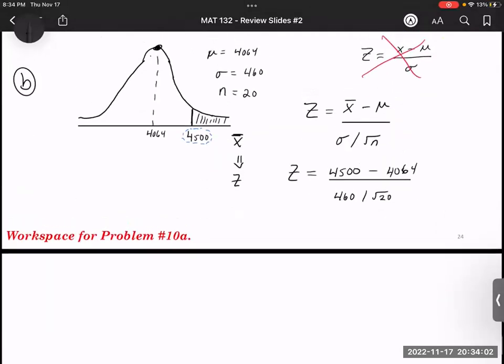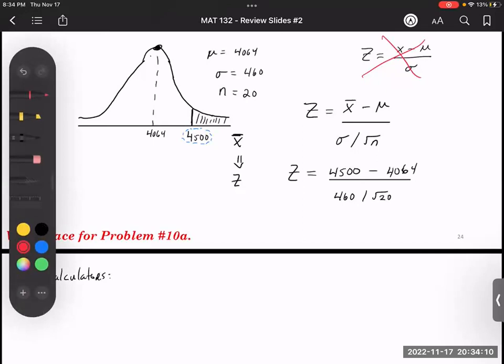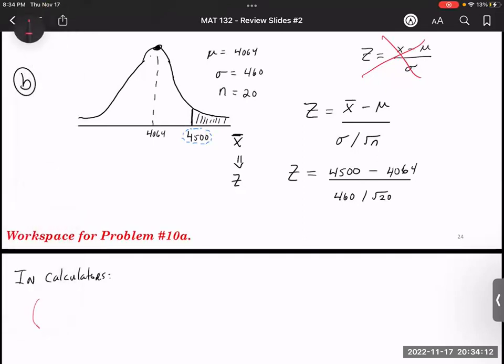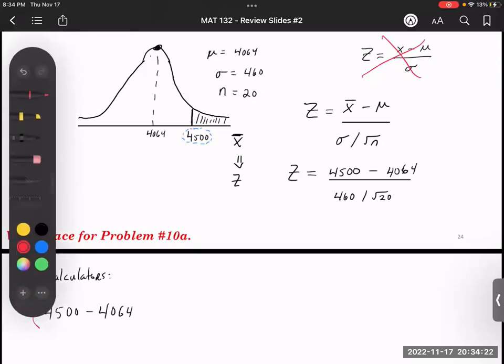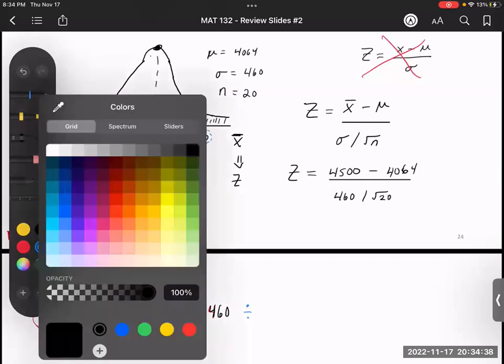So in your calculators, if you were doing this by hand, I would have done the following. I would have said open parentheses, 4,500 minus 4,064, close parentheses, divided by, open parentheses, 460 divided by the square root command, right?